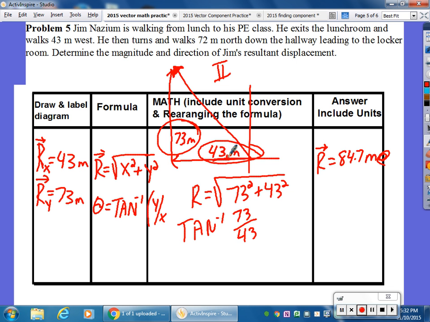59 degrees. And that 59 degrees is this right here, right? Because I actually didn't keep these straight, so I need to make sure that I remember that this 43 here is negative. So if I put that in, I get a number that I can work with, negative 43. And it gives me negative 59.